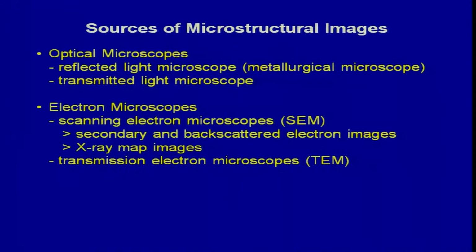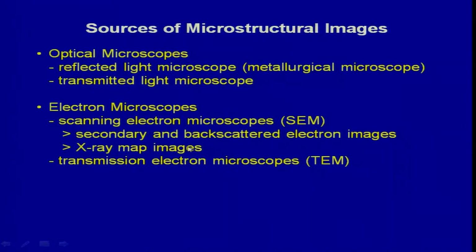Electron microscopes like the scanning electron microscope will produce images from secondary electrons and backscattered electrons, or even X-ray map images. Now, for most practical purposes, secondary and backscattered electron images could be treated as single section or planar section images.